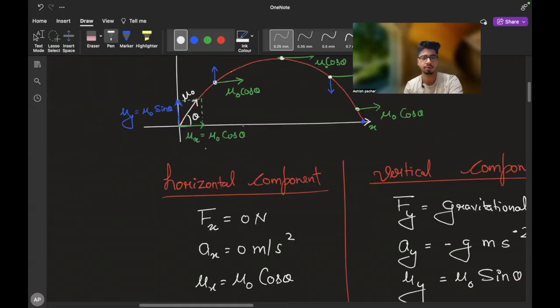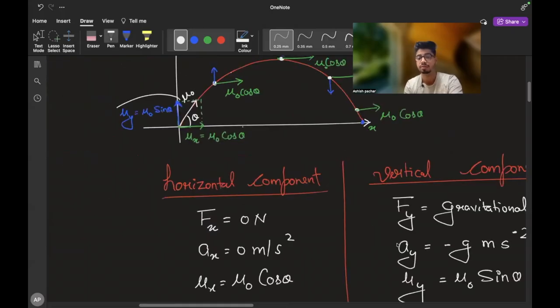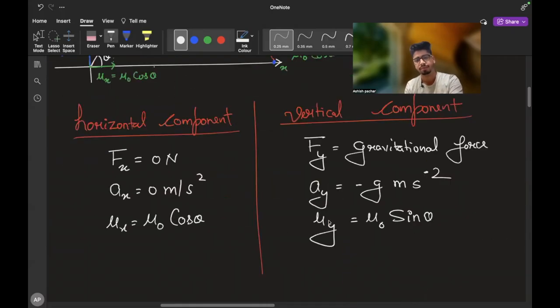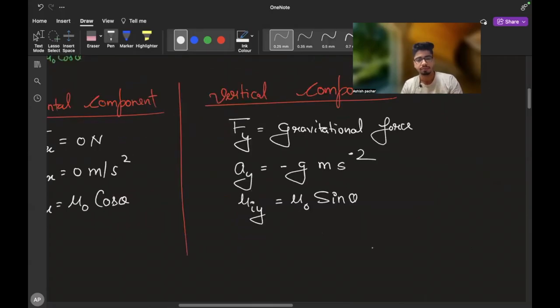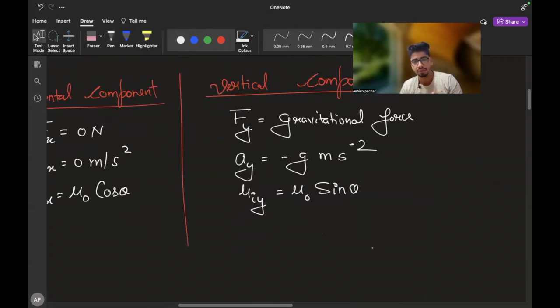That is the initial vertical velocity, so I have to write it as initial. You can write it with the subscript i or something. So let me write the initial vertical velocity component of the ball, where i means initial. This is the basic idea of the components.